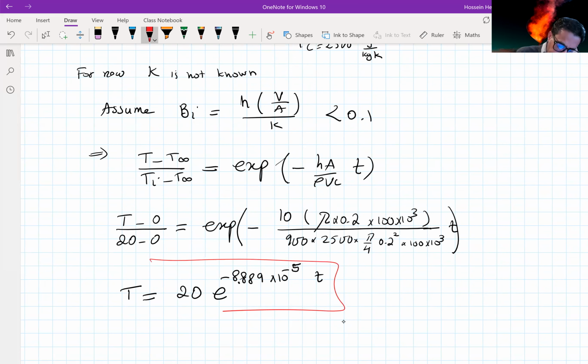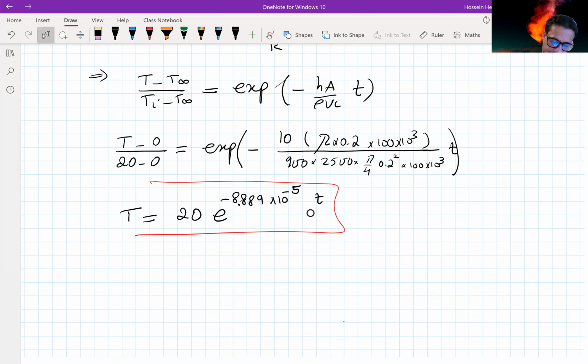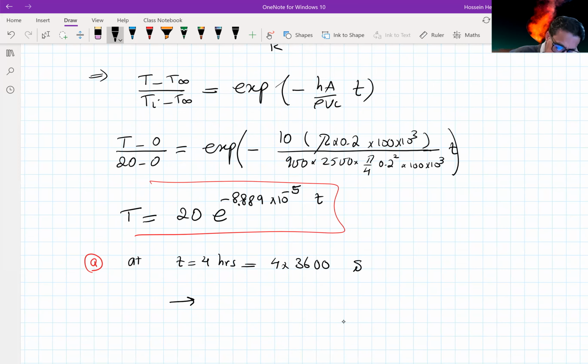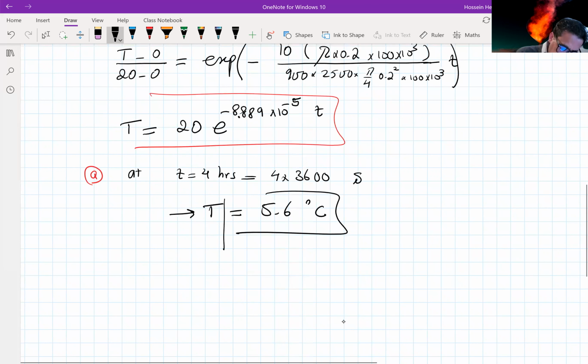Now we can find the two quantities asked. First, at t equal to 4 hours, which is 4 times 3600 seconds, if you replace it, the temperature at 4 hours would be 5.6 degrees C. This is the temperature at t equal to 4 hours.